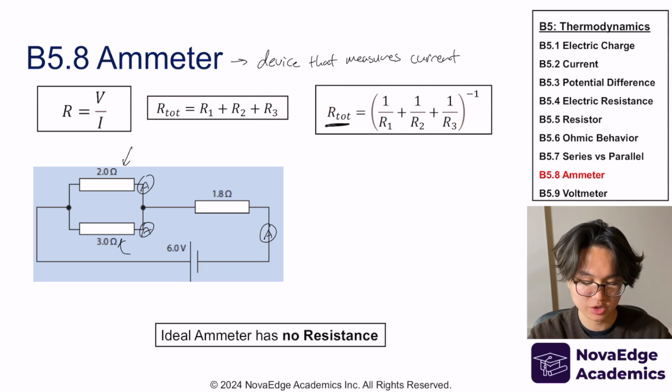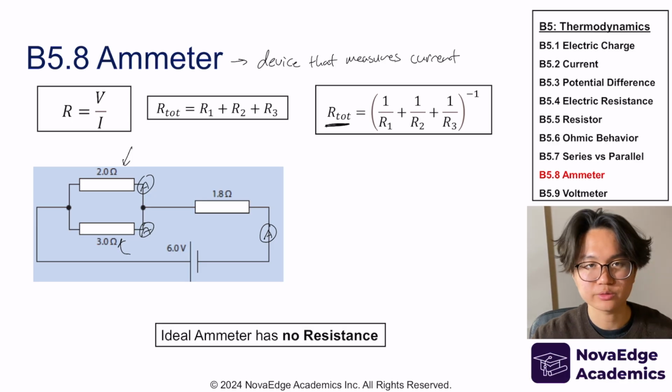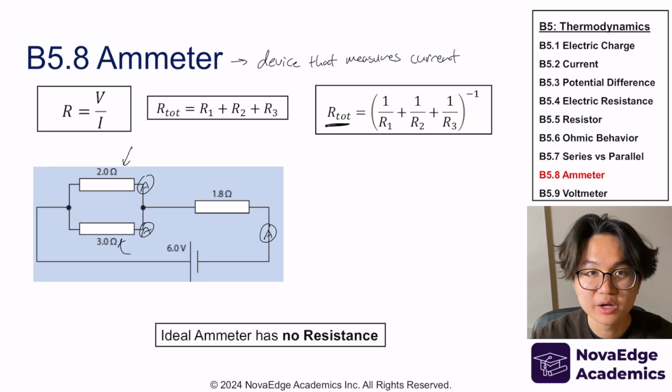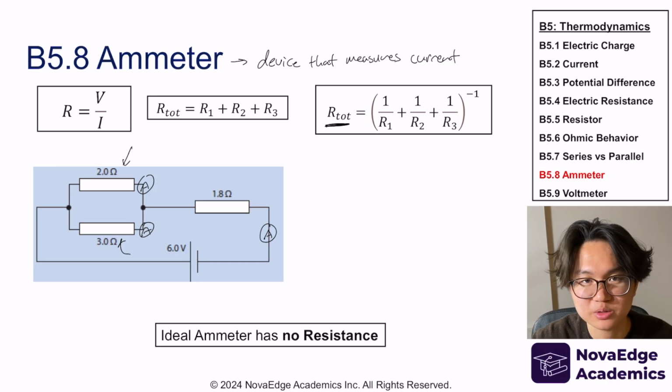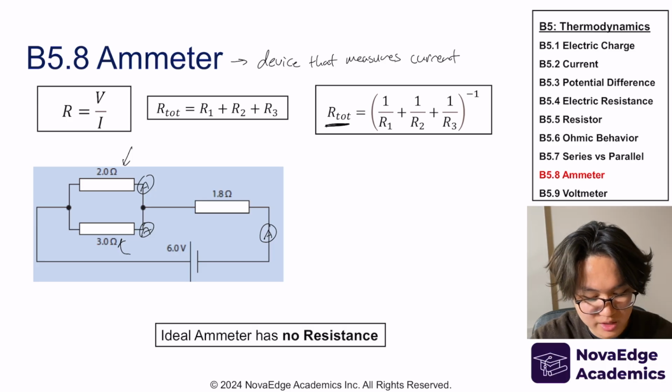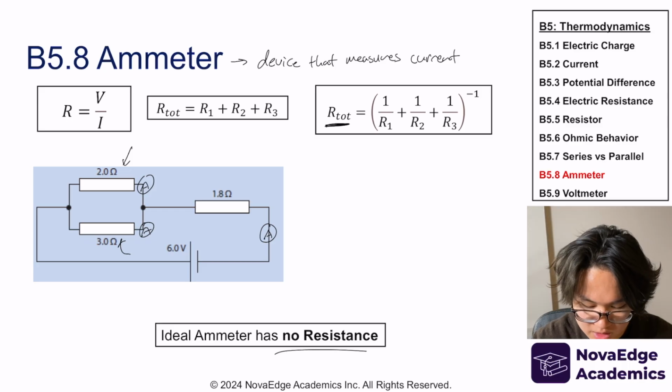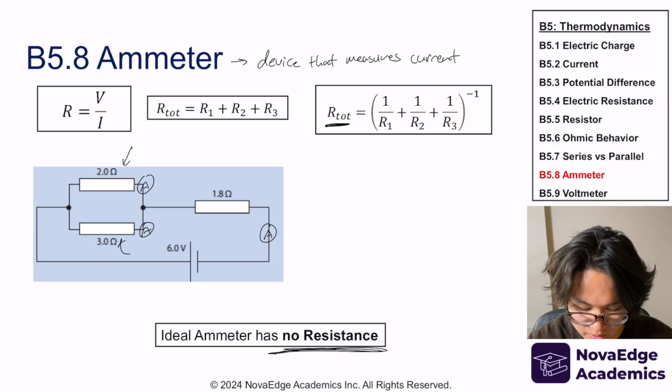It's going to change the R total value. If R total changes, then I total changes, and then you're completely screwing up the circuit that you're trying to measure the current of. If plugging in the ammeter screws up the total current going through the system, then there's no point. So an ammeter has no resistance whatsoever if it's ideal.